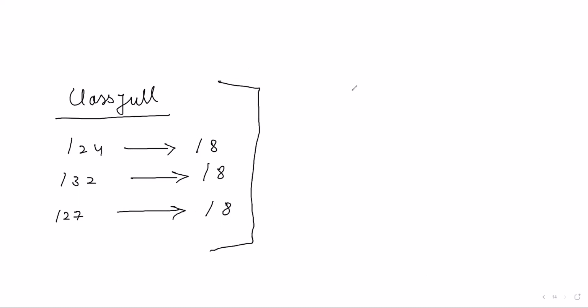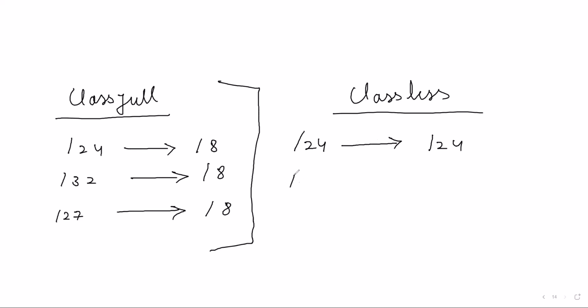But if you are using a classless routing protocol, your subnet mask information will not change. If you are using /24, it will be /24. /32 will not change, it will be /32. Or /27, it would be the same.